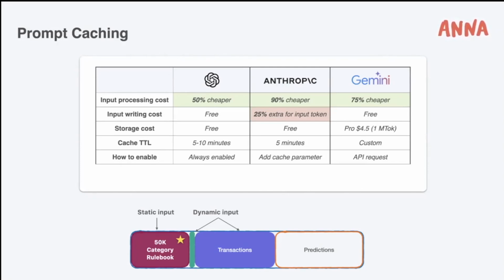One interesting thing is that OpenAI decided to choose a different approach. Anthropic and Gemini expect from you either a parameter or an additional API request, so that they know what you want to cache.